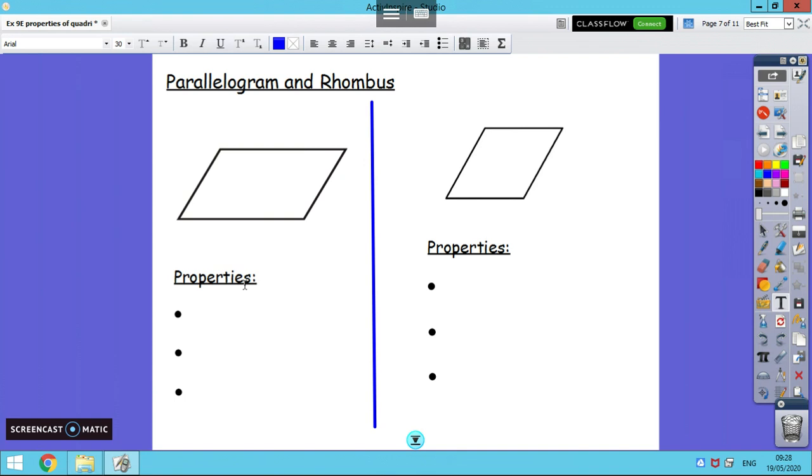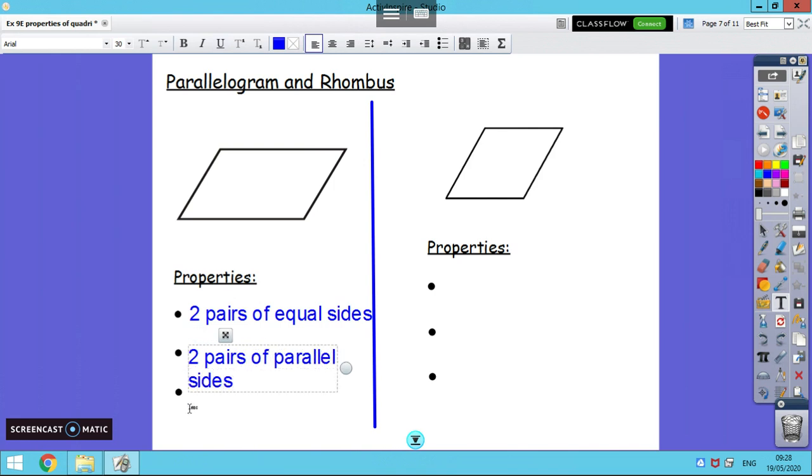Next one, parallelogram and a rhombus. Now, a parallelogram we've literally just done. So we can say that it has 2 pairs of equal sides. It has 2 pairs of parallel sides, which gives it its name, parallelogram. And then it has 2 pairs of equal angles.